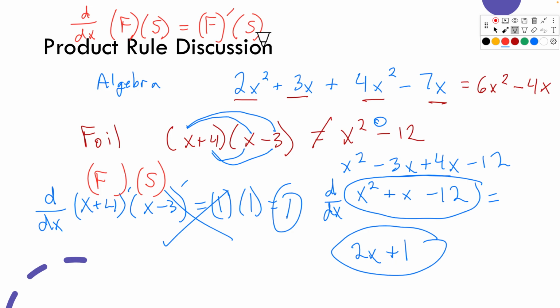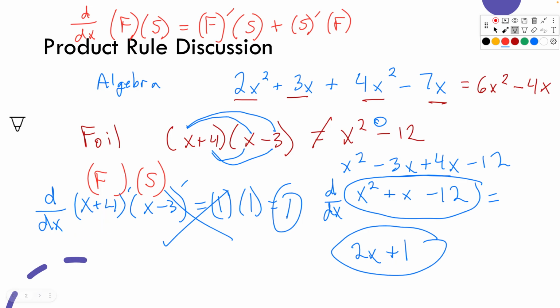And then we add the derivative of the second times the first with nothing done to it. So it's similar to FOIL, but a little different. We're taking the derivative of each part, but then we're also multiplying it by the other one with nothing done to it. So let's see how that works down here.